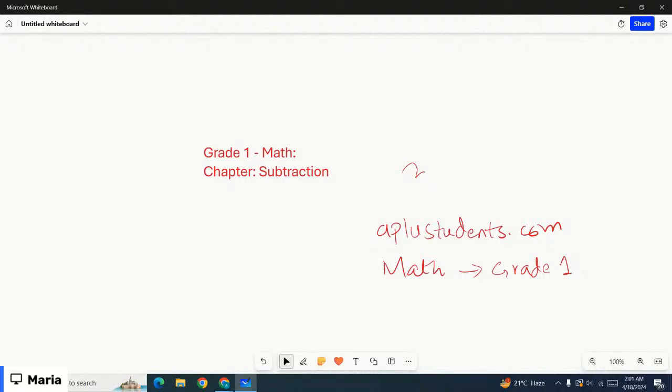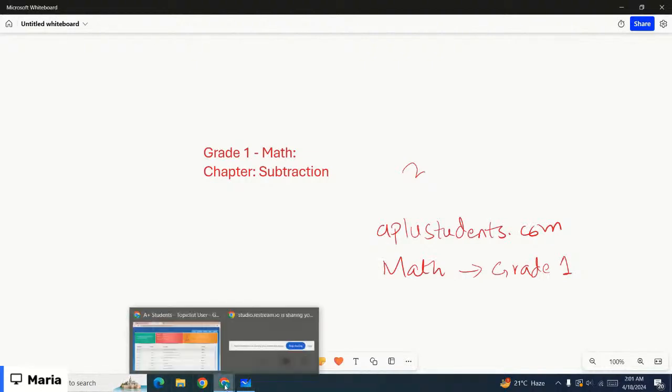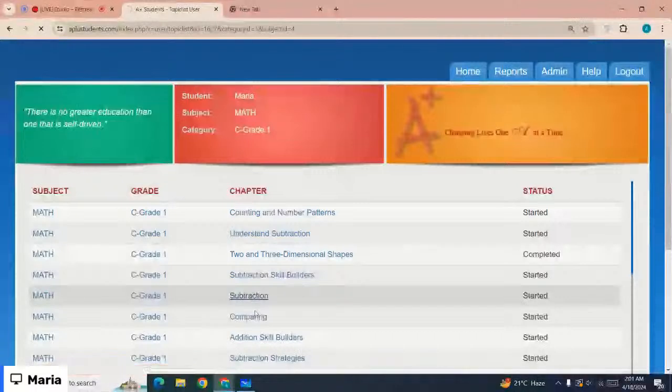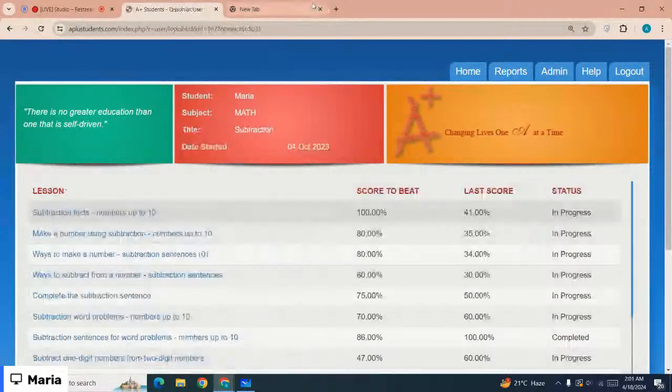So please make sure you have your notebook and pencil so that you can note down the important examples and definitions as well. Okay, here I'm on grade 1 math. The chapter we're on is subtraction. We're going to start with the lessons.